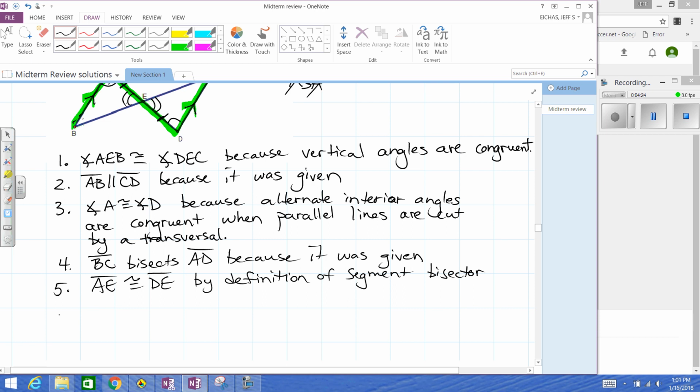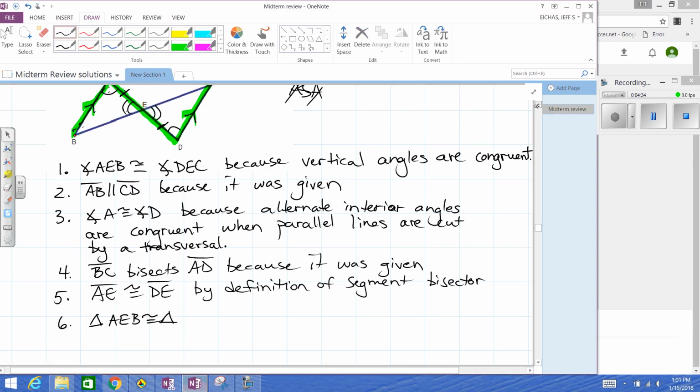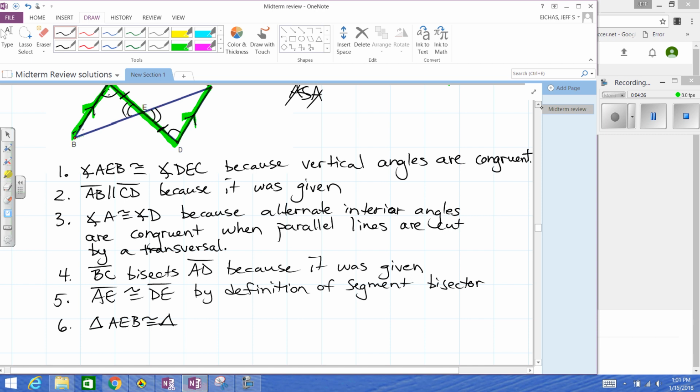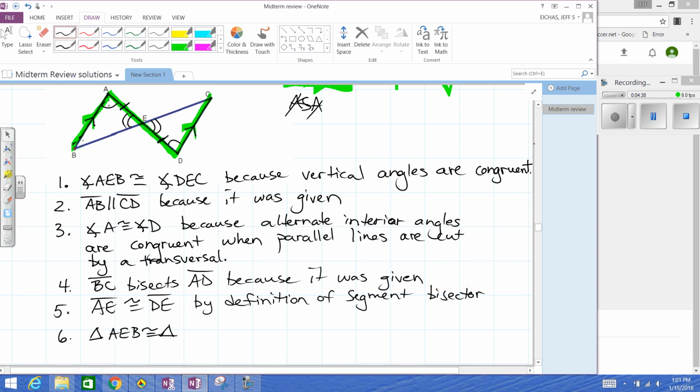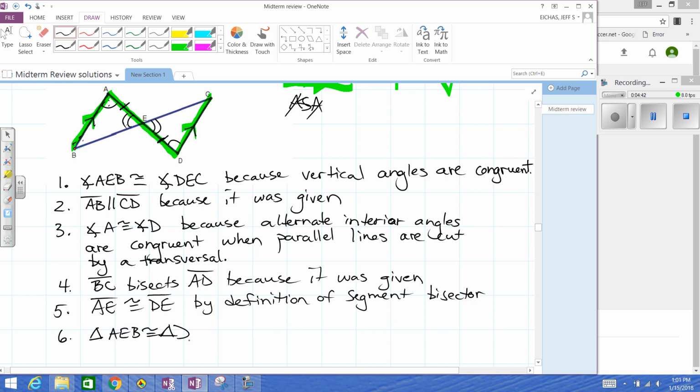Okay, now the triangles are congruent. Triangle AEB is congruent to triangle. I did it again. Sorry. I've got to get the corresponding correct. So D should go with A. That's what I'm trying to look for here, DEC.